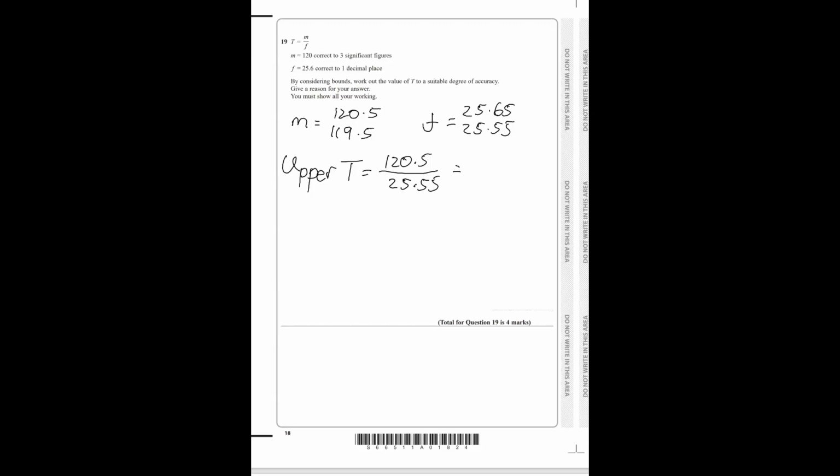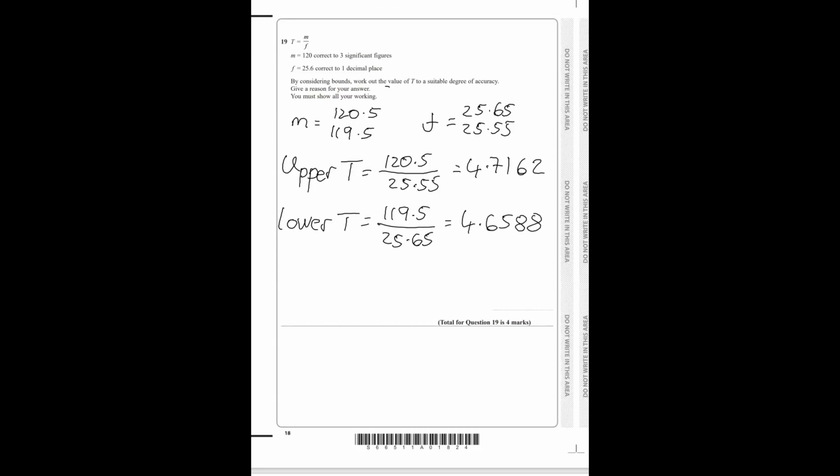Tap that into your calculator, and I'm going to write them all out and I'll show you how we're going to arrive at our answer in a minute. So that's the upper. Do exactly the same with the lower, except now I want the smallest possible number on the top divided by the biggest possible number on the bottom, which gives us 4.6588.